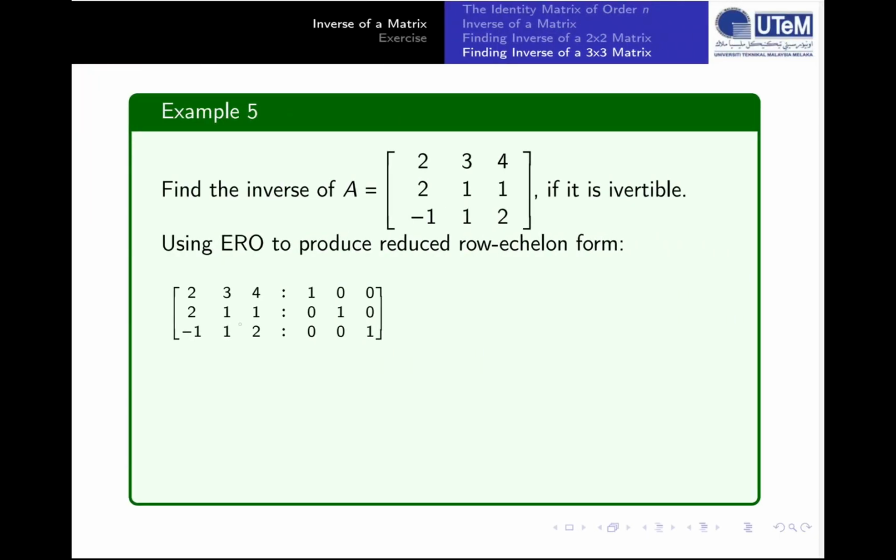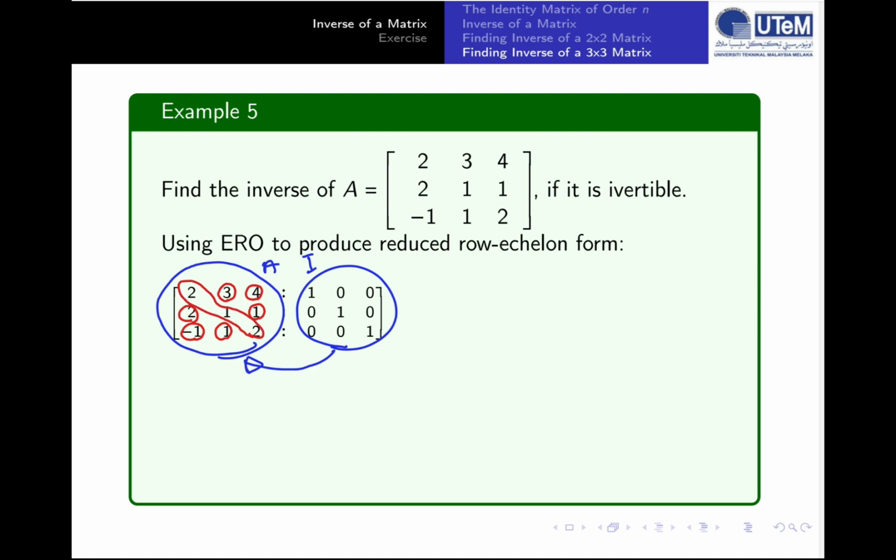So this is the augmented matrix, whereby this one is matrix A and this one is the identity matrix. Now we want to change the identity matrix to the left hand side. So we must set up this part equal to 0, 0, 0, 0, 0, 0, and the rest is 1.